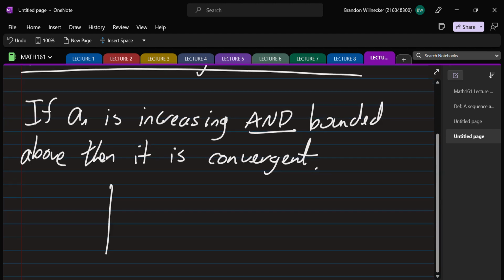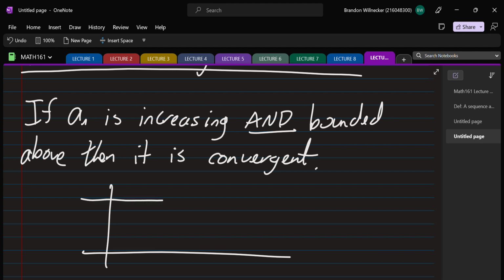So just a little picture of what's going on here. We can see from the beginning part, it must be increasing and bounded above. So let's put an upper bound here, let's call it M. It's an upper bound and it's increasing, so let's draw in an increasing sequence. It must look something like that. It's increasing, but it never goes past M. If it is increasing and never goes past M, it must eventually converge to some point.